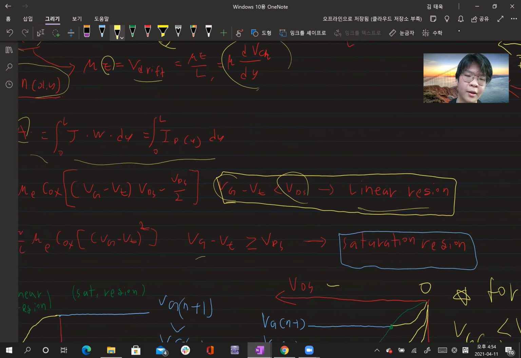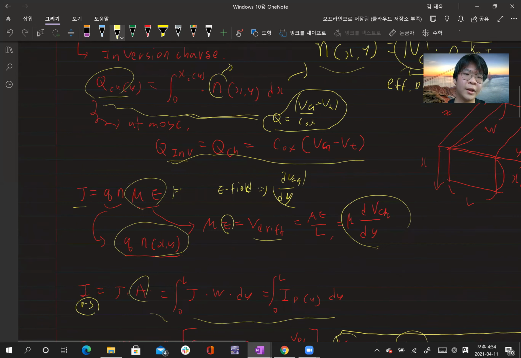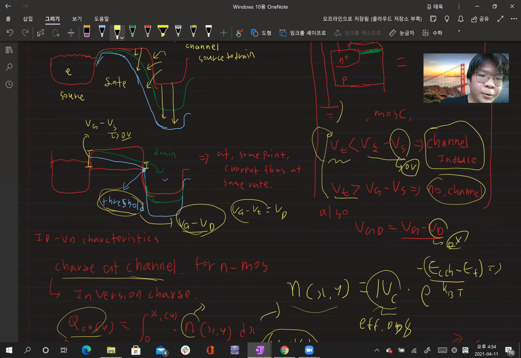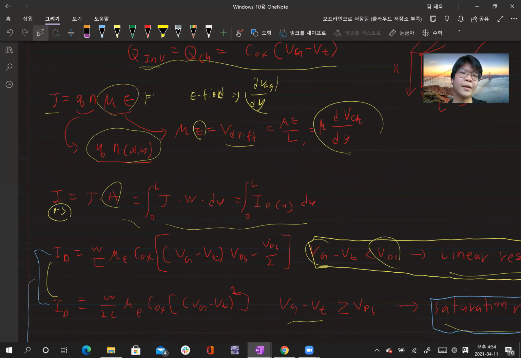And if the difference between the gate bias and threshold voltage is bigger than the drain-source voltage, we call it the saturation region. The reason we divide into these two regions is that, as we said, there is a threshold, and after this threshold voltage, the current cannot flow more than that amount.